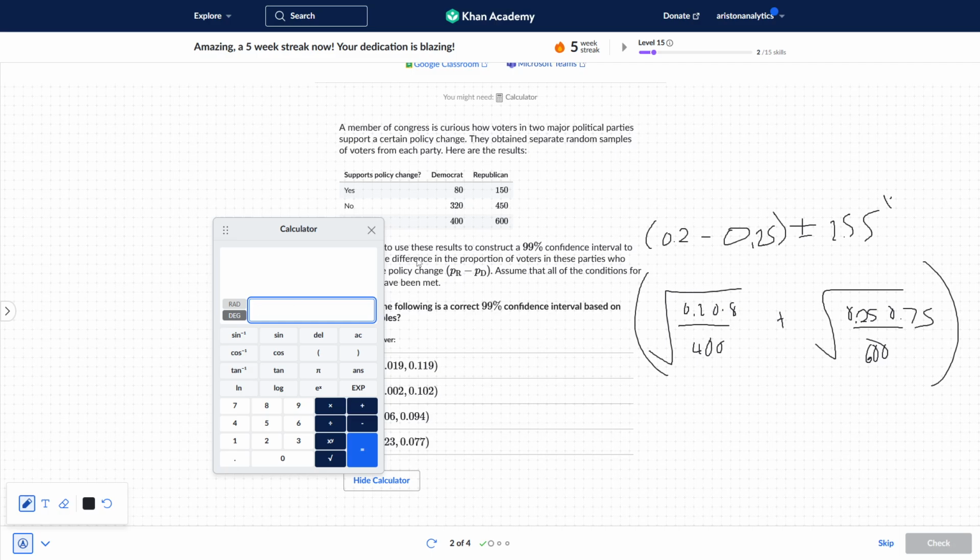And do the bottom first. Because it's standard deviation, I'm pretty sure we're supposed to add that.